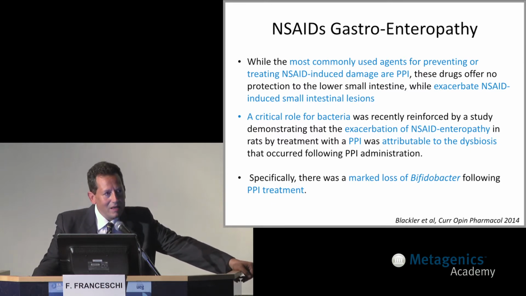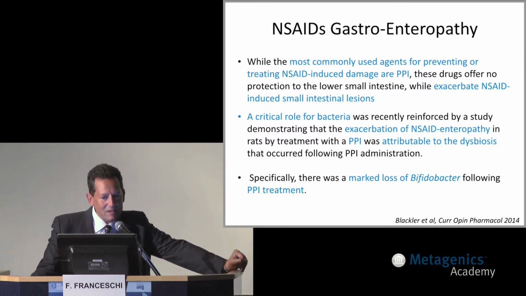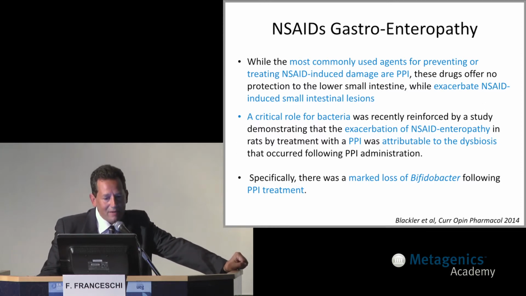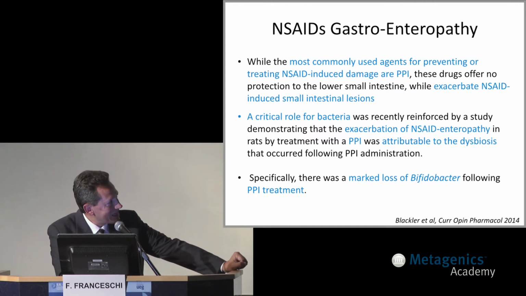And usually when we give NSAIDs, we associate a PPI. And what is interesting is that PPIs offer no protection to the lower small intestine, but exacerbate NSAID-induced small intestinal lesions. And here there is a specific role of bacteria in this process, specifically bifidobacteria.